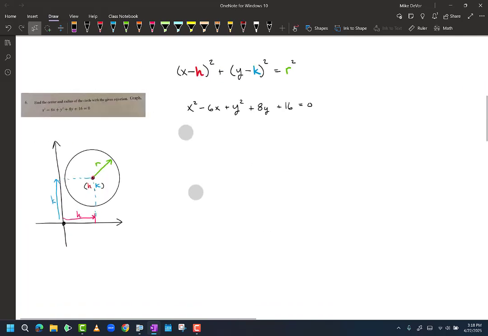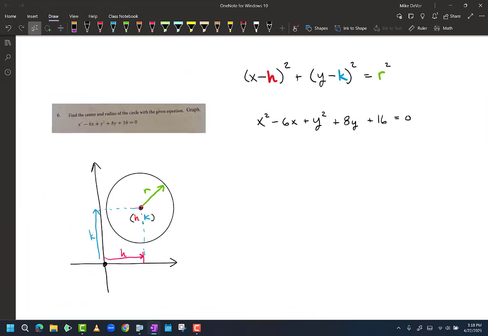Okay, so this is slightly different. And this particular problem does require that you know a couple of things. One is the graphing form of a circle and what this equation here is. This equation is for graphing.